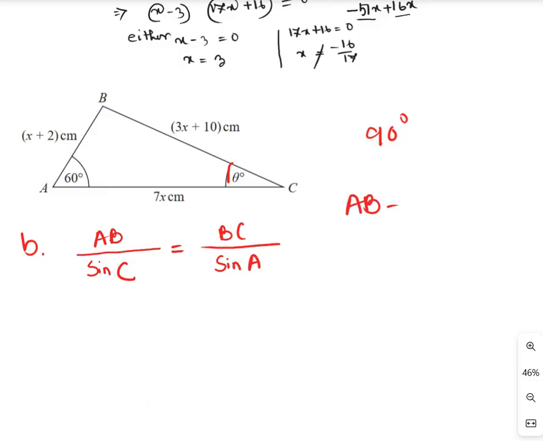So AB, we don't have a direct value, and as we have the value of x is equals to 3, we could write down here AB is equals to 5 centimeter, and BC is 3x plus 10.